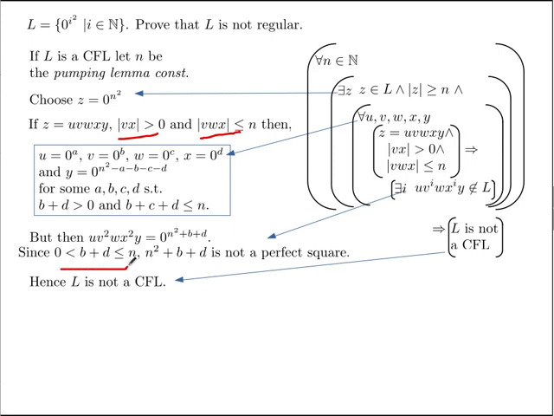We already have this from before, and here we are introducing this thing. Now you can see that if this is at most n and it is strictly greater than 0, then n square plus this thing is not a perfect square. So that means this string is not in L. So this L is not a CFL.